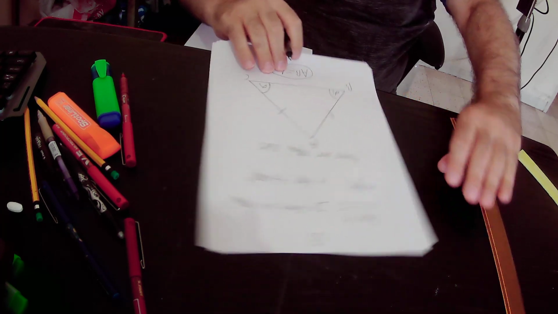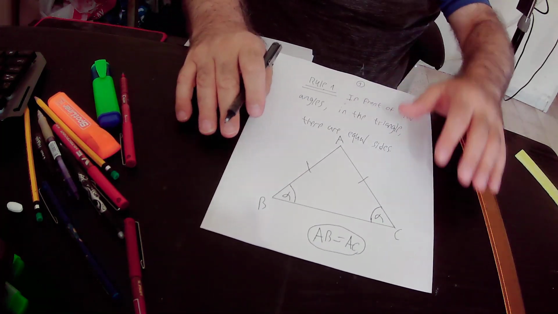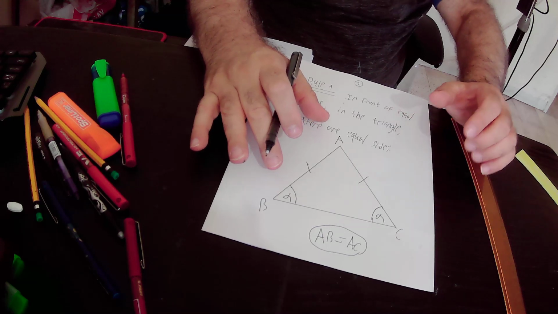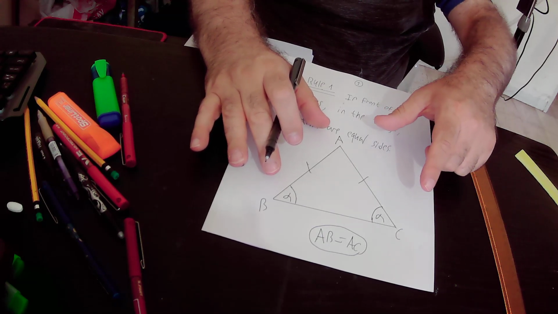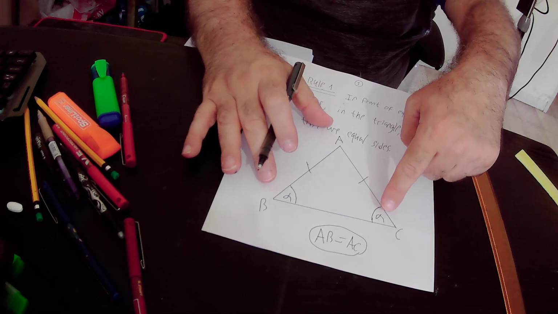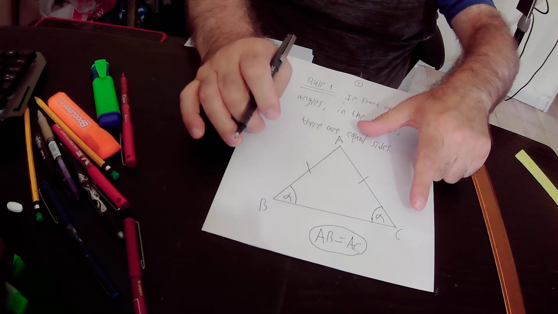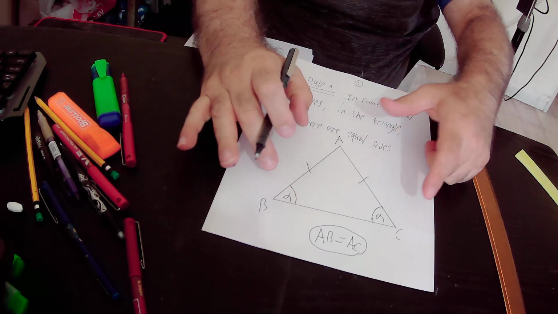Again, according to rule number 1, the sides that are in front of the equal angles are also equal between them. The side that is in front of this angle is AB, and the side that is in front of this angle is AC.